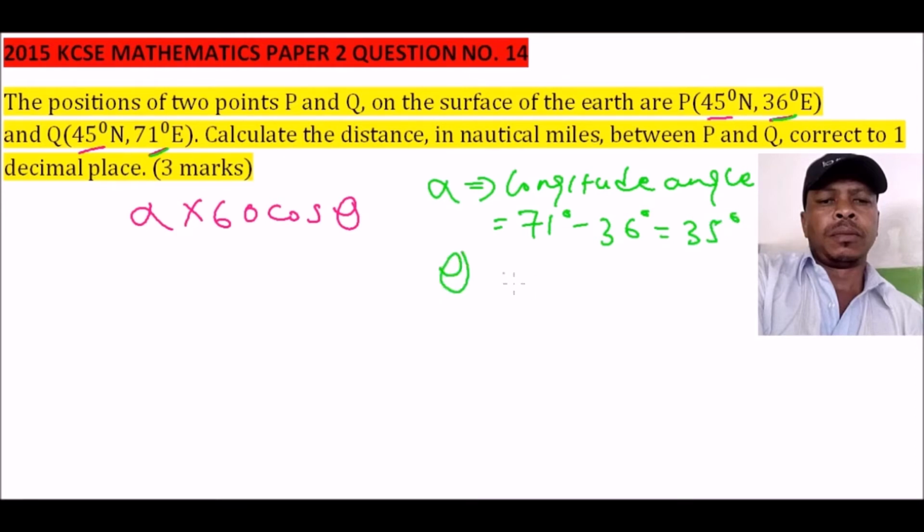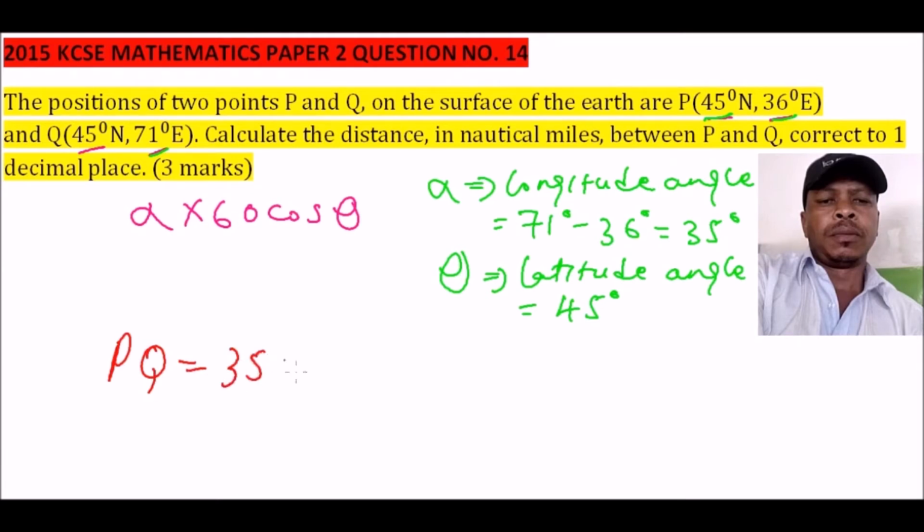Theta represents the latitude angle. They are on the same latitude, 45 degrees, so this is equals to 45 degrees to the north. Now from there we substitute these values, so PQ is equals to our alpha 35 multiplied by 60 cos of 45 degrees.